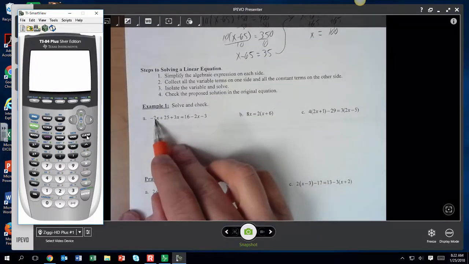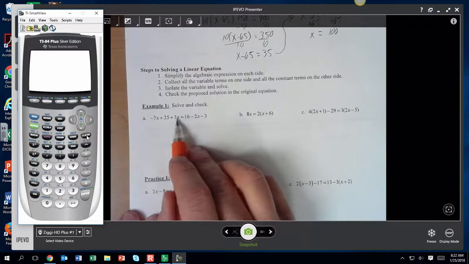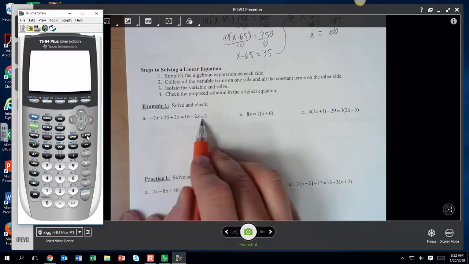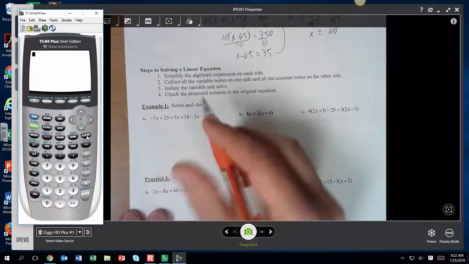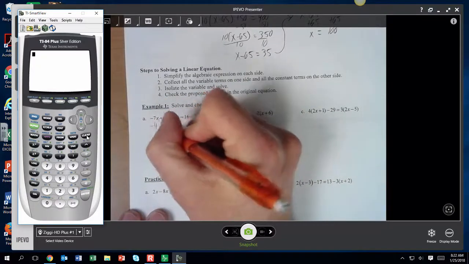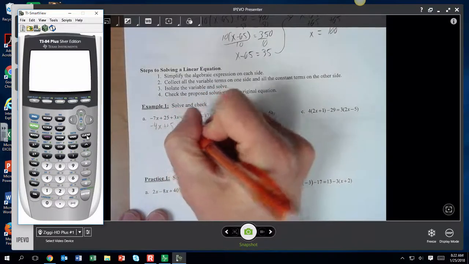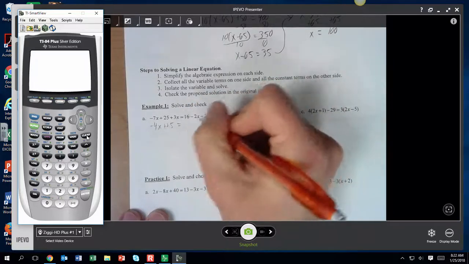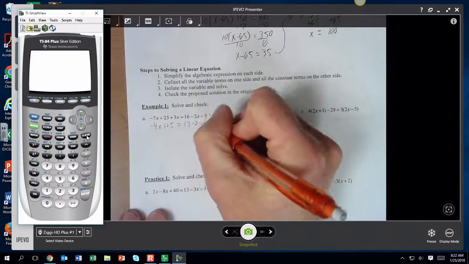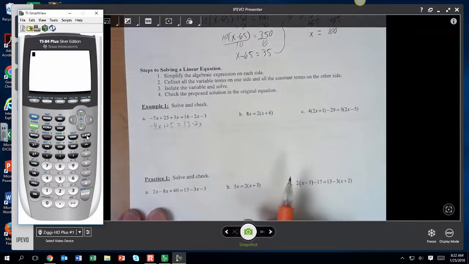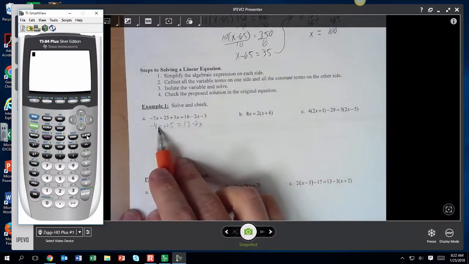I've got a negative 7x plus 25 plus 3x equals 16 minus 2x minus 3. I'm going to go ahead and combine like terms on my left side, which is going to give me negative 4x plus 25 equals 16 minus 3 is 13 minus 2x. I'm just going to go ahead and put my x's on the left side.